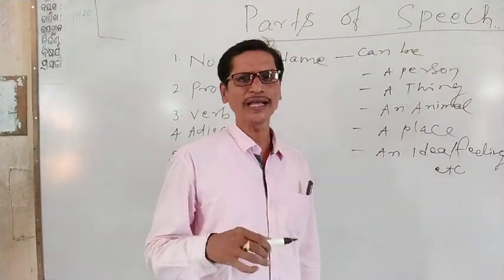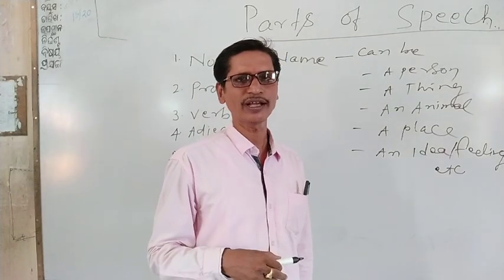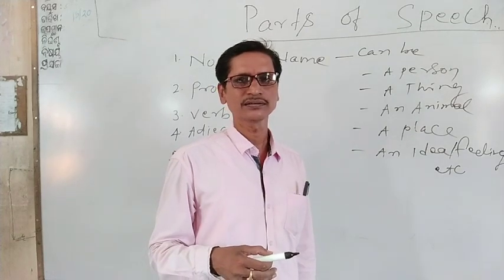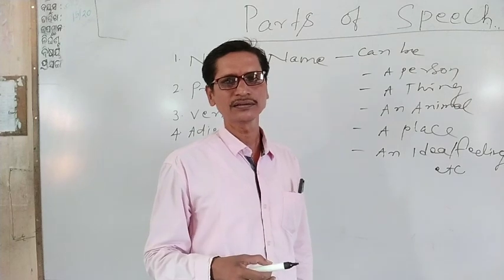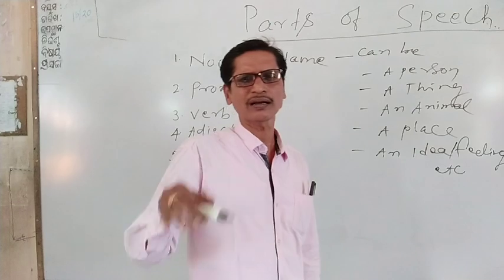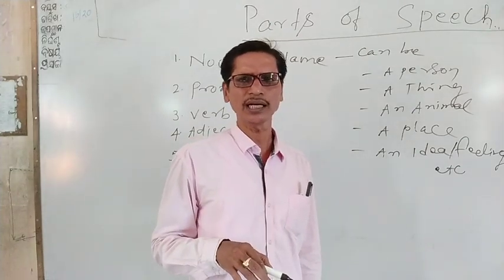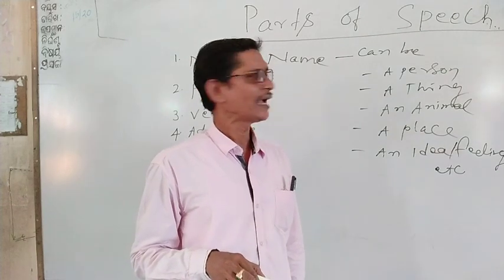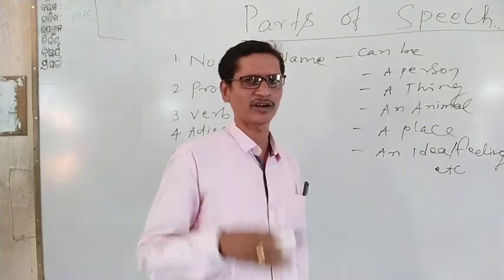Similarly, when we talk about animals, you know that very well: cow, elephant, deer, tiger, and many such animals we come across in our environment. Every individual animal has a name. And the classifications of those names we will discuss later on.